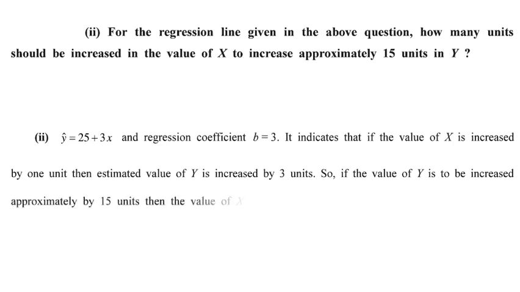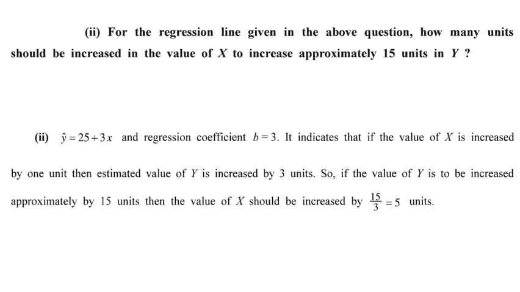So if the value of y is to be increased by 15 units, then I should take x as 15 upon 3, which is equal to 5 units. So if I take 1 unit of x, I will get 3 units of y. If I want to get 15 units of y, I will divide it by 3 and I should get 5 units of x. That's how we do this sum. This is a simple sum of statements. You just have to write a statement here.